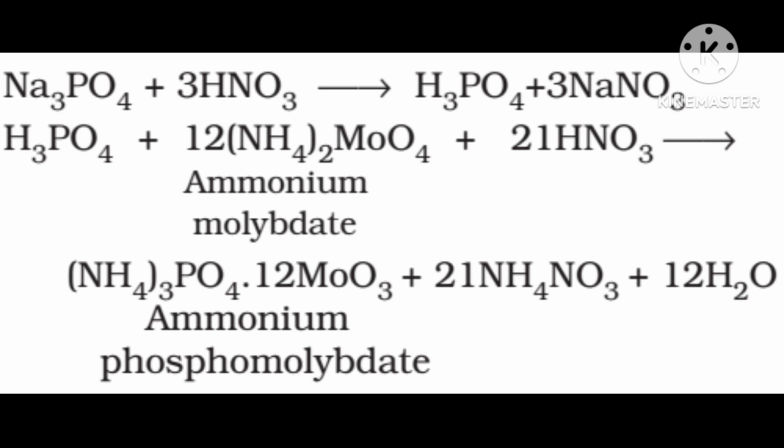Na3PO4 plus 3HNO3 will give H3PO4, phosphoric acid, plus 3NaNO3, sodium nitrate.